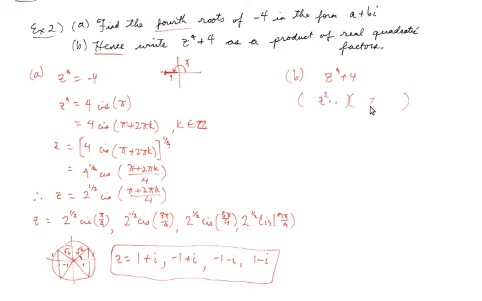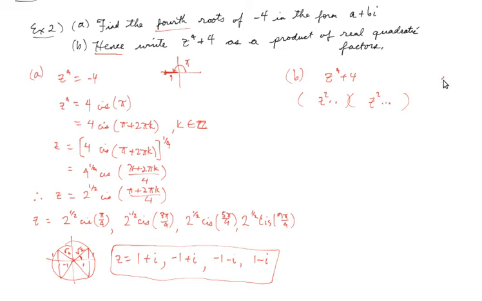It'd be something like this, with z squareds in here. I guess you could write these as z minus each of these and just multiply them together. But you could also use your knowledge of sums and products of roots.